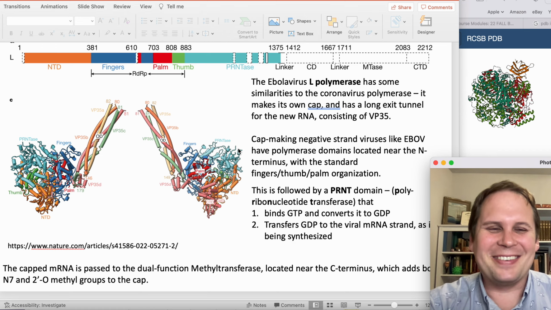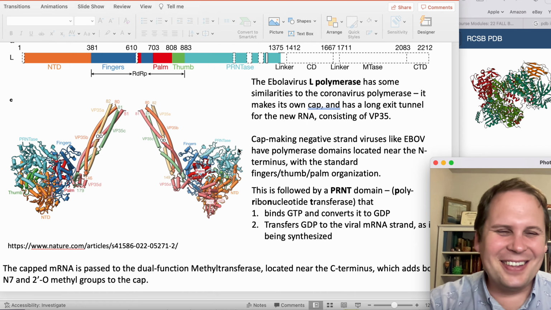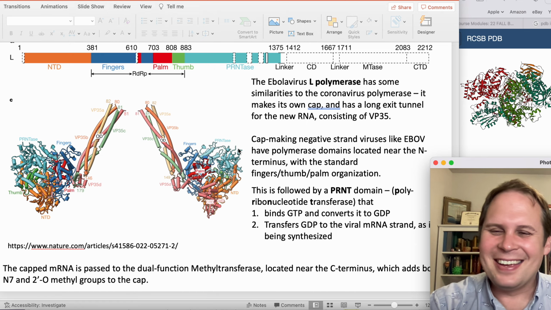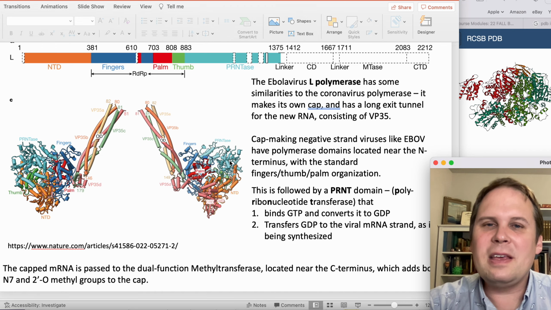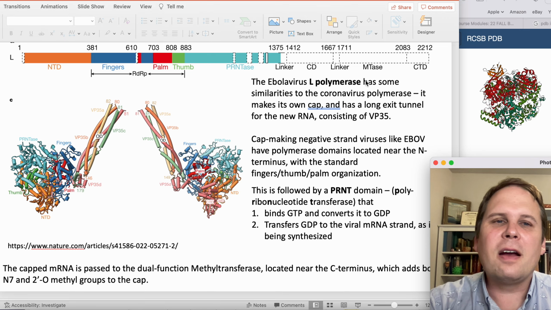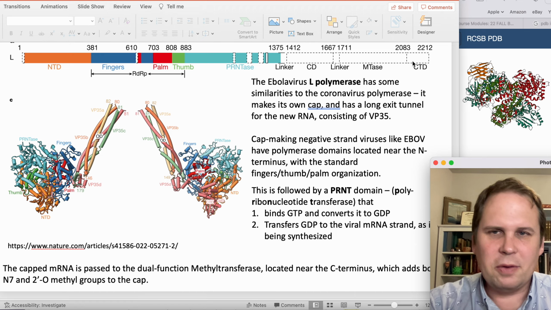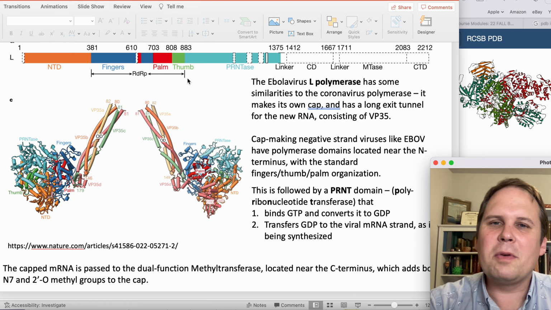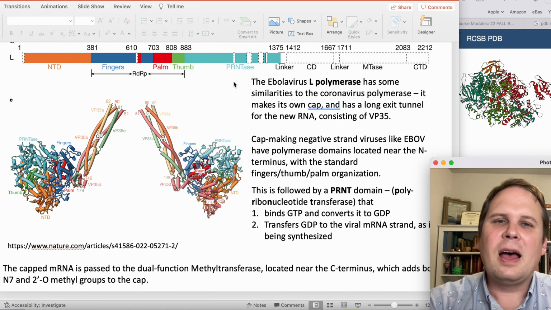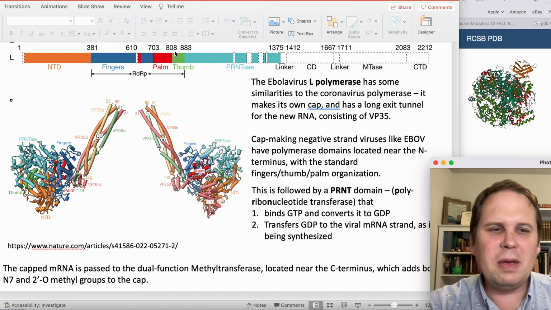Why didn't coronavirus think of that? I don't know. No idea. Viral evolution is chaotic. But yeah, so the C-terminal domain is a methyltransferase. Here's our map. This is the Ebola virus L protein gene. You see we've got our actual polymerase up here near the front. Our PRNTase, that's like our transferase, in the middle.